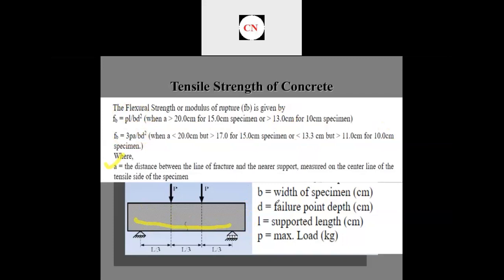B is the width of the specimen. D is the depth of the section. L is the supported length. P is the maximum load. By the help of which we can calculate the flexural strength of that particular concrete.